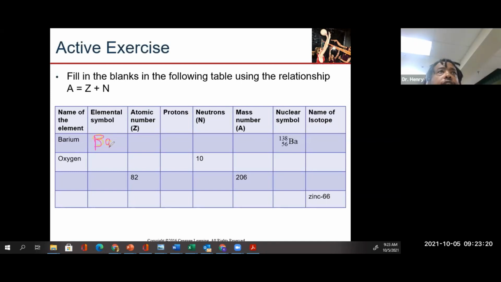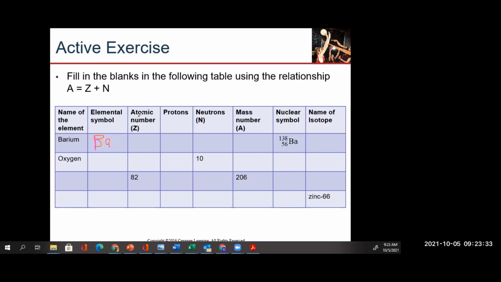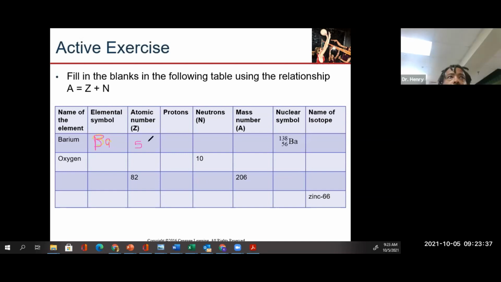Okay, what is the atomic number for barium? Is it 56? 56. How many protons does barium have? 56, that's correct.